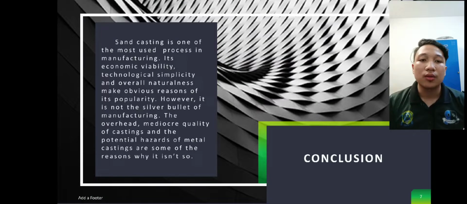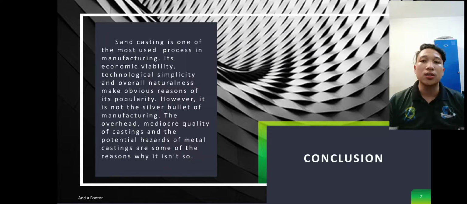For the last, our presentation is about the conclusion of the experiment. Sand casting is one of the most used processes in manufacturing. Its economic viability, technological simplicity, and overall naturalness make obvious reasons for its popularity.